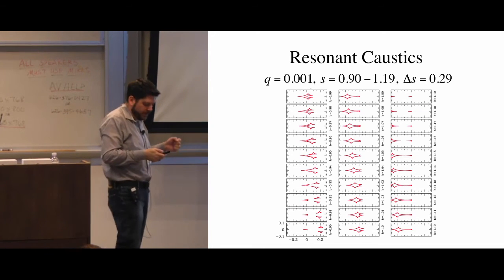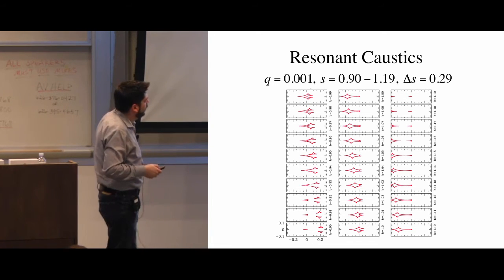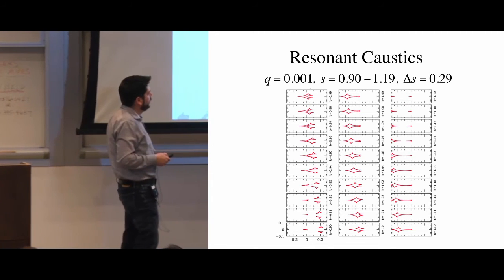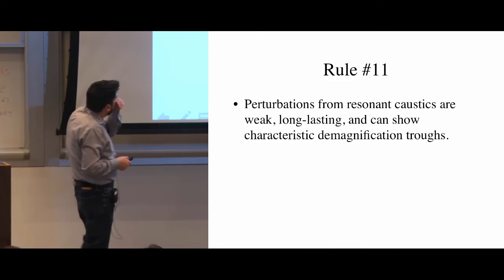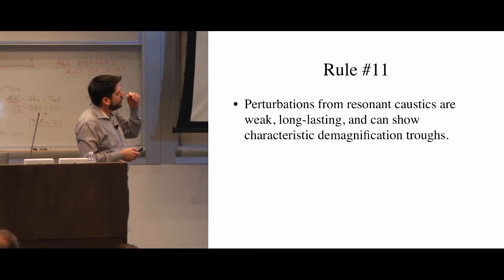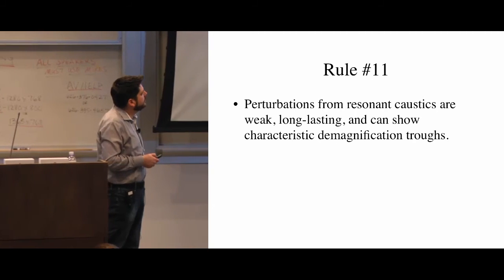I'll show you an example of that. This is something that I learned empirically from the first two-lens microlensing event. So perturbations from resonant caustics are generally weak, long-lasting, and can show these characteristic demagnification troughs.